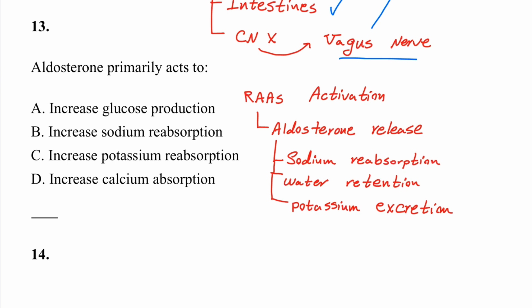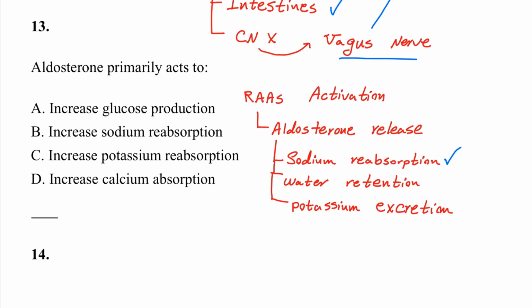It's released from the adrenal cortex when the renin-angiotensin-aldosterone system is activated. Its primary target is the distal nephron.